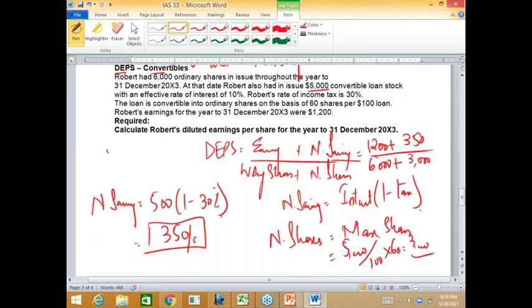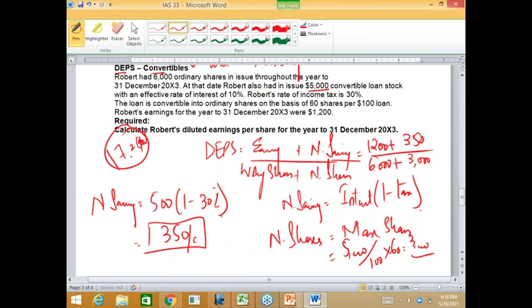So based on this information, the EPS will be 17.2 cents.